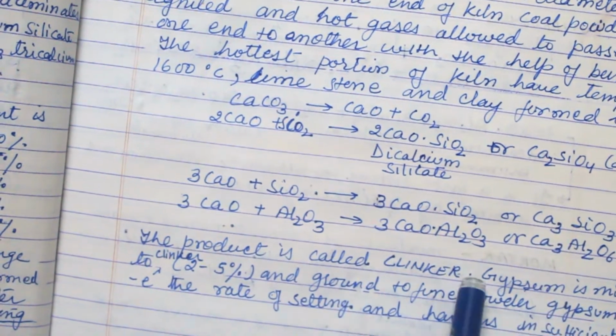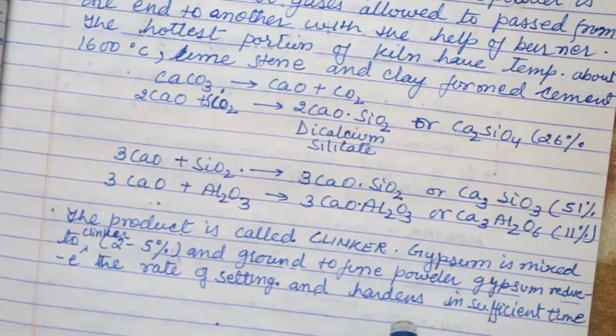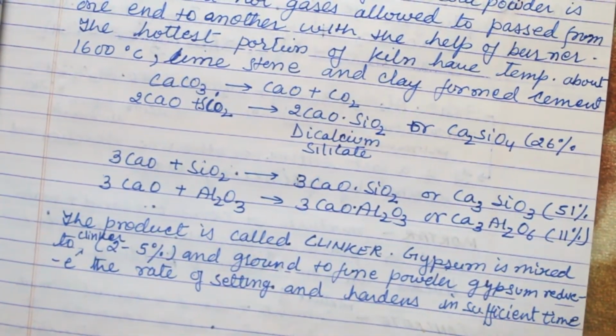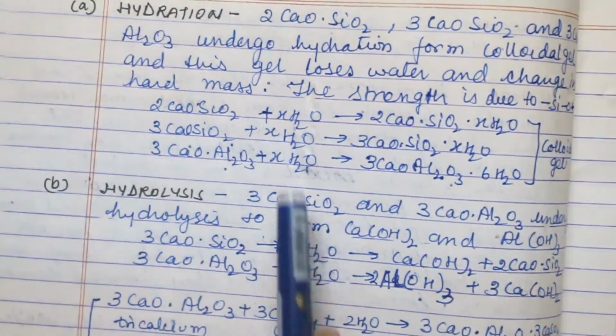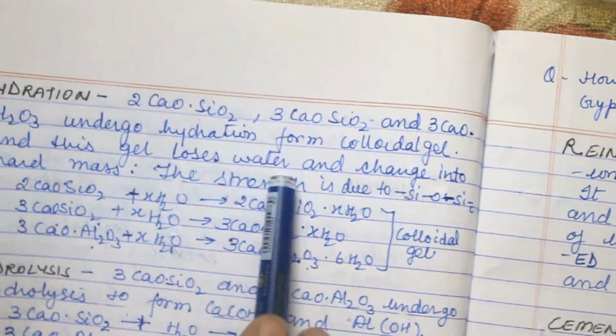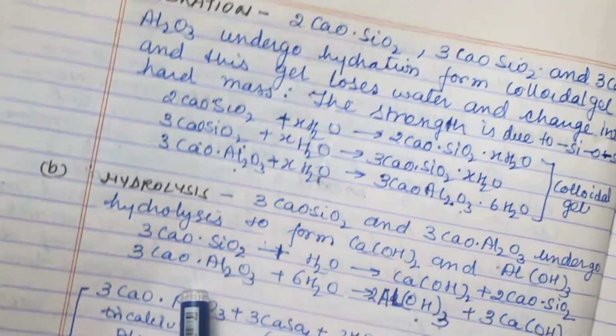Now the product is called clinker. Gypsum is mixed with the clinker and ground to a fine powder. Gypsum reduces the rate of setting so that it hardens in sufficient time. Now hydration: when they undergo hydration, they form a colloidal gel. All these three form colloidal gel.